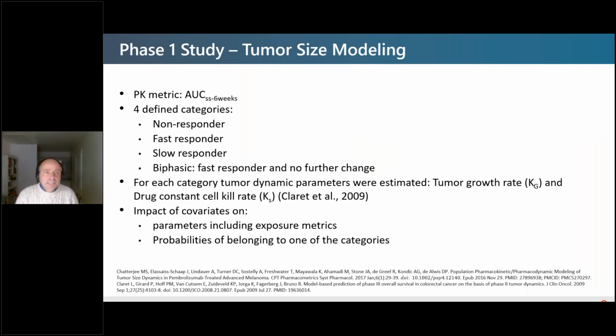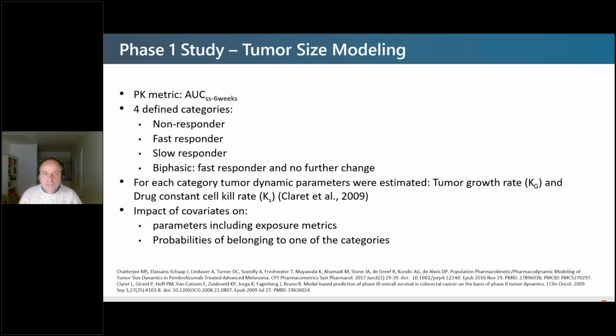To continue with the example of pembrolizumab that Kemi described earlier, the development team of pembrolizumab related the tumor size modeling together with a PK metric, the AUC at steady state at 6 weeks. When they were looking at the tumor size, they looked at 4 different categories of patients: non-responders, fast responders, slow responders, and biphasic responders, which were fast responders with a plateau at the end.